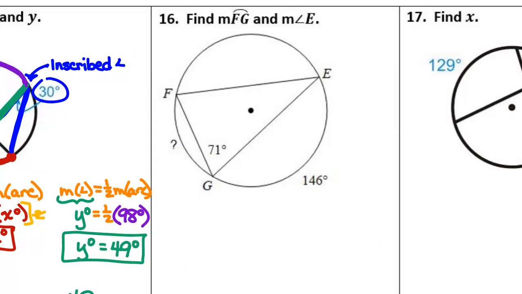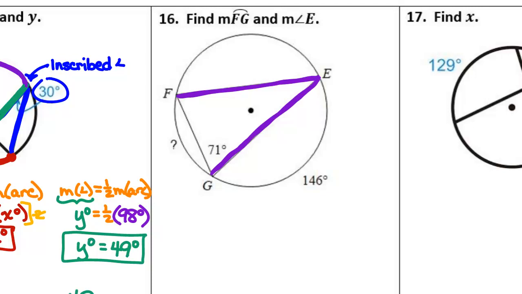16. We want to find the measurement of arc FG and the measurement of angle E. Angle E first? Actually, yeah, we could do that. We can find angle E first. So this is the angle we're looking for. I don't know how big that arc is. That's the arc I'm looking for.